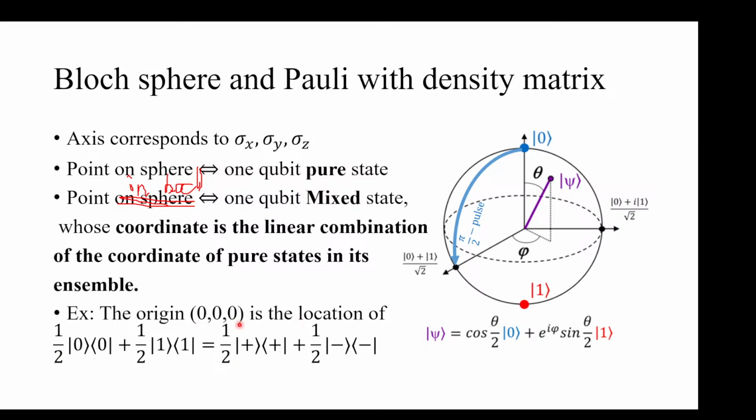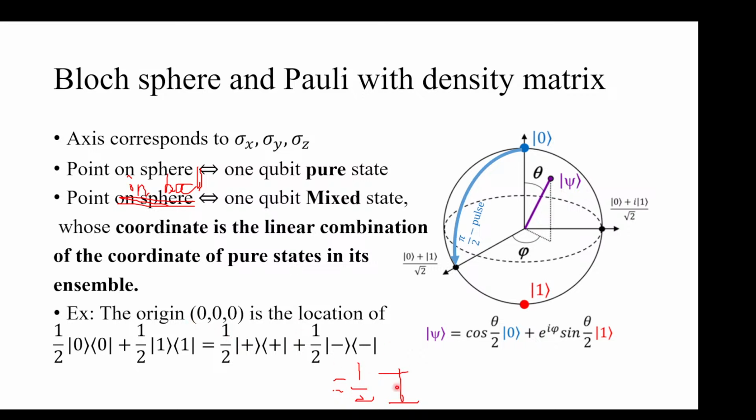So maybe an example. This origin point is actually the completely mixed state. It's a very special point. This is 1/2 identity matrix. And why is that?